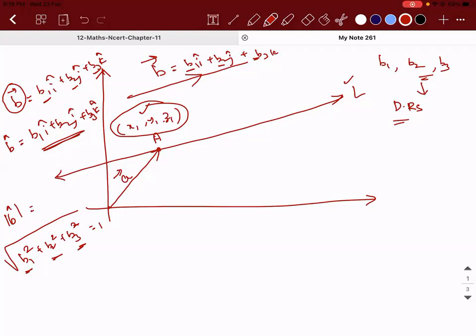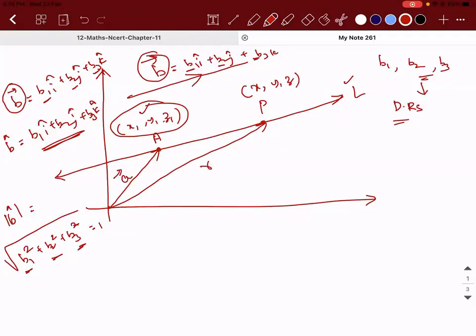When the concept of parallelism comes, I told you what is the condition. If this vector is b bar, then if I take a random point p, which is called the locus point, and I call this r, where the coordinates of this point are x, y, z. This is a general point. Try to understand.